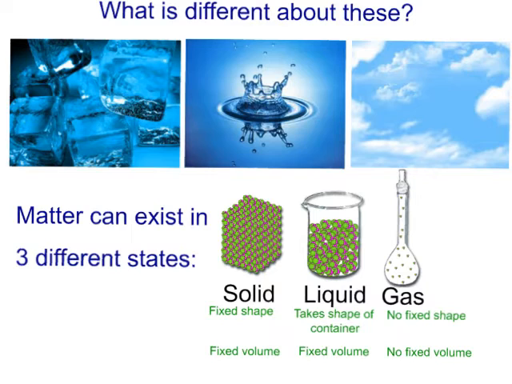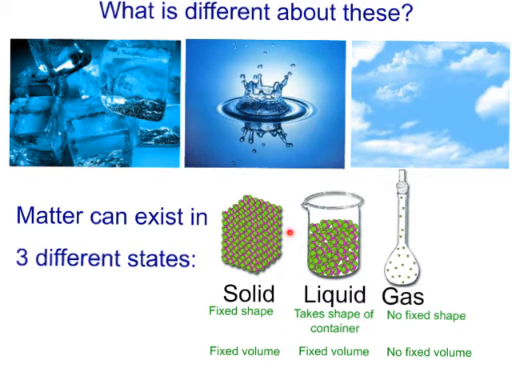And again, you may have already learned this before, but here we have the solid state of water. We call it ice. Here we have the liquid state of water, it's just called water. And here, if we think about the water particles in the air, that is the gas phase of the water. So what is different about these three states of matter?